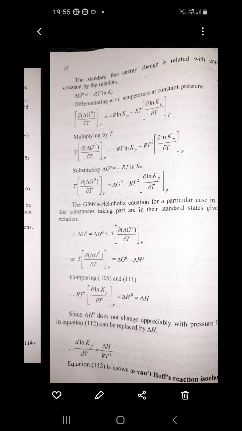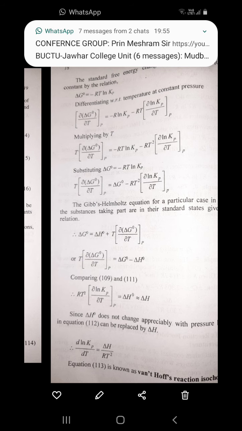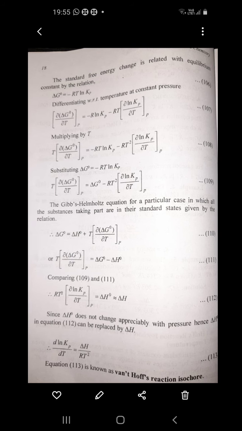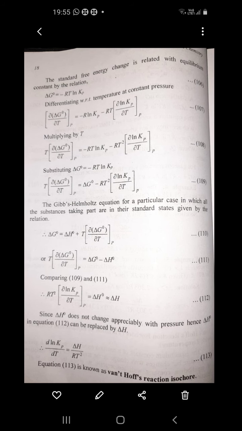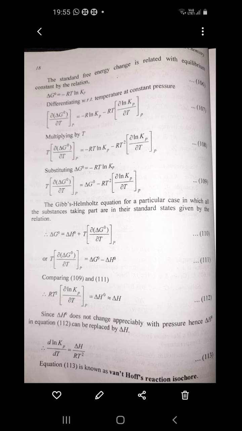Now comparing equation 109 and 111, we can write RT square in bracket d ln Kp upon dT at constant pressure P is equal to delta H0, which is nothing but delta H. Since delta H does not change appreciably with pressure, delta H0 in the equation can be replaced by delta H. So if you write equation 112, that is d ln Kp upon dT is equal to delta H upon RT square.